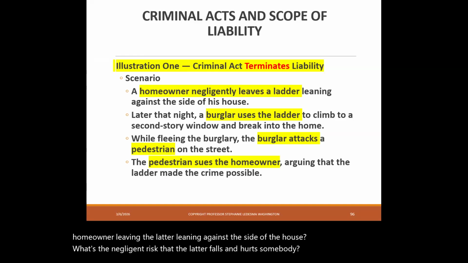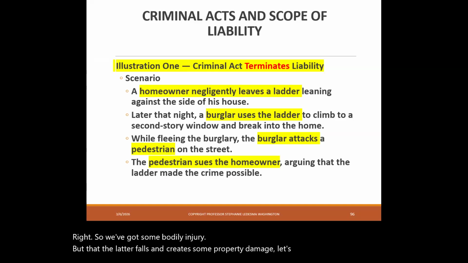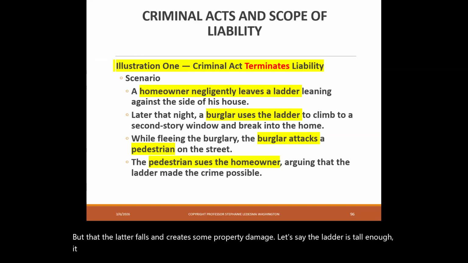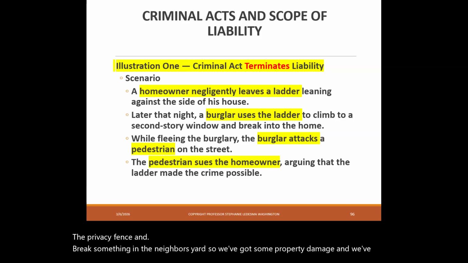So we've got some bodily injury. And that the ladder falls and creates some property damage. Let's say the ladder's tall enough, it falls over the privacy fence and breaks something in the neighbor's yard. So we've got some property damage and some bodily injury from this falling ladder.